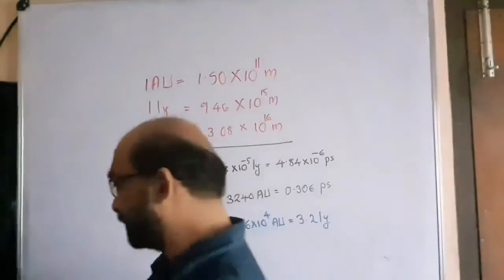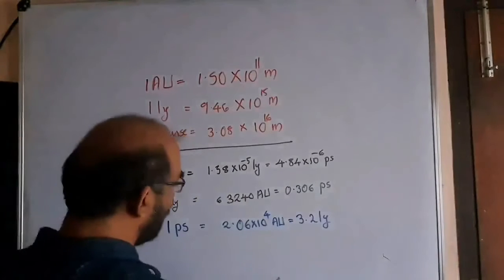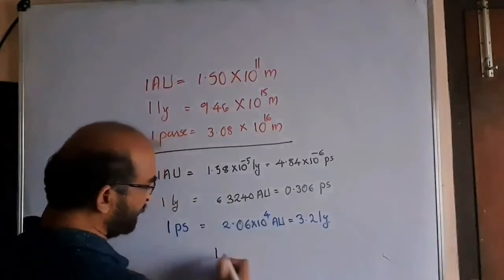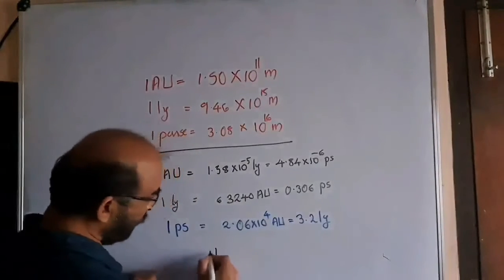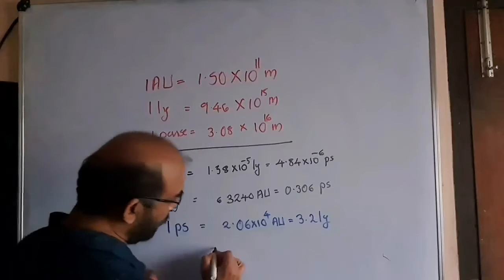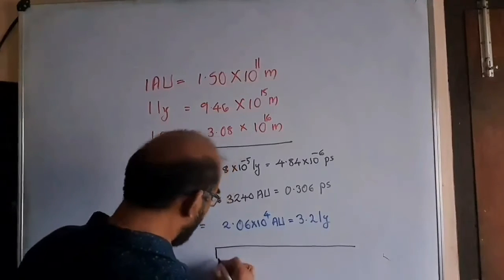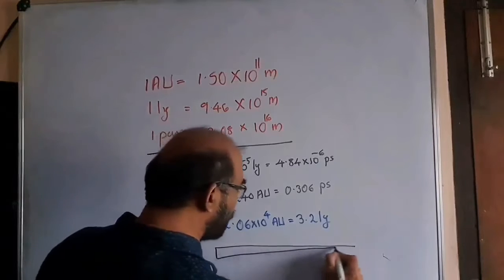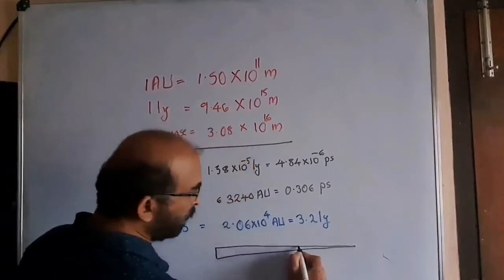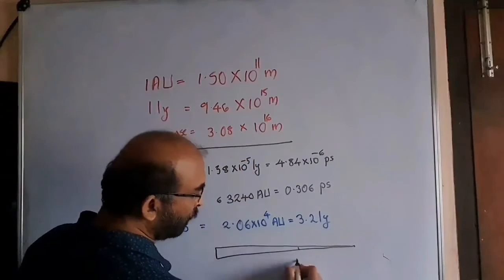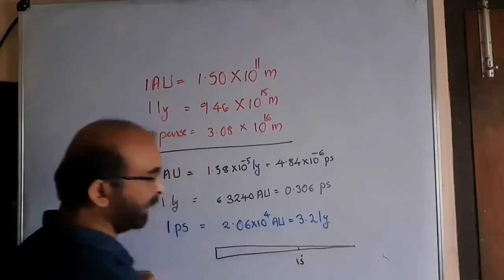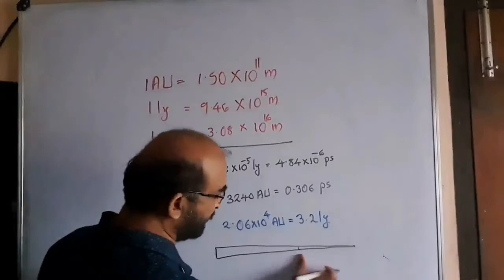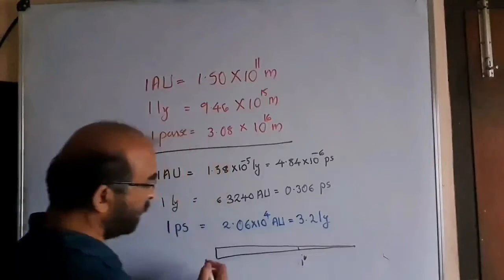Its definition is like this. It is the distance that subtends an angle of 1 second.